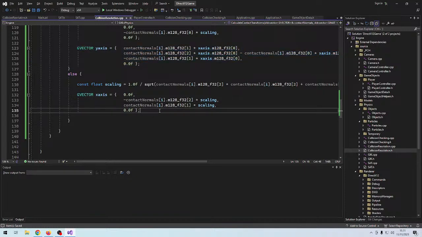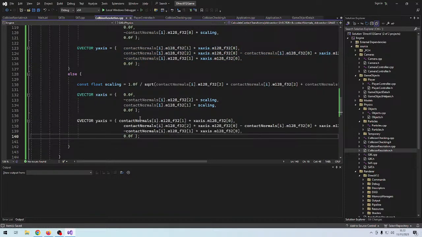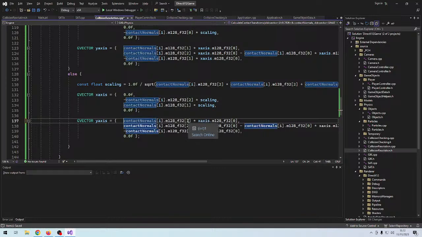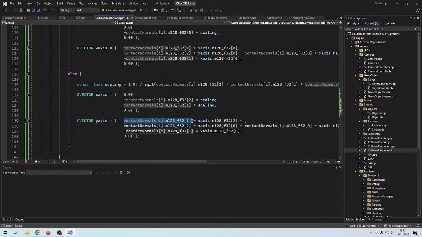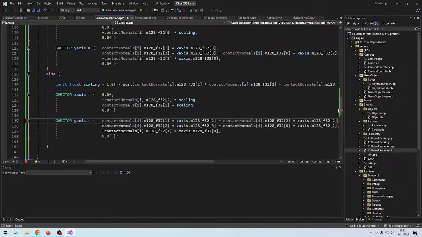Then the y-axis is equal to first the contact normal y-axis times the x-axis c component minus the contact normal c component times the x-axis y component.